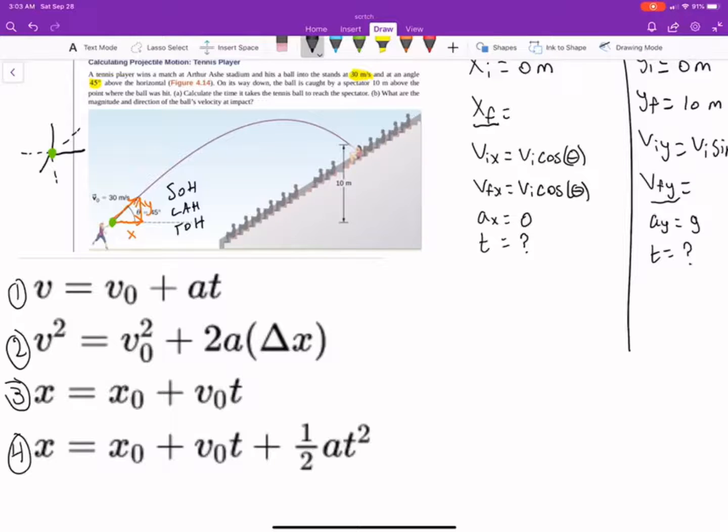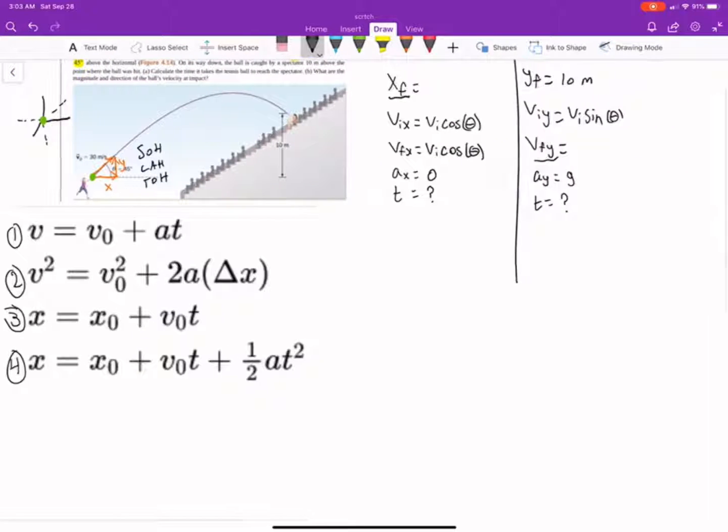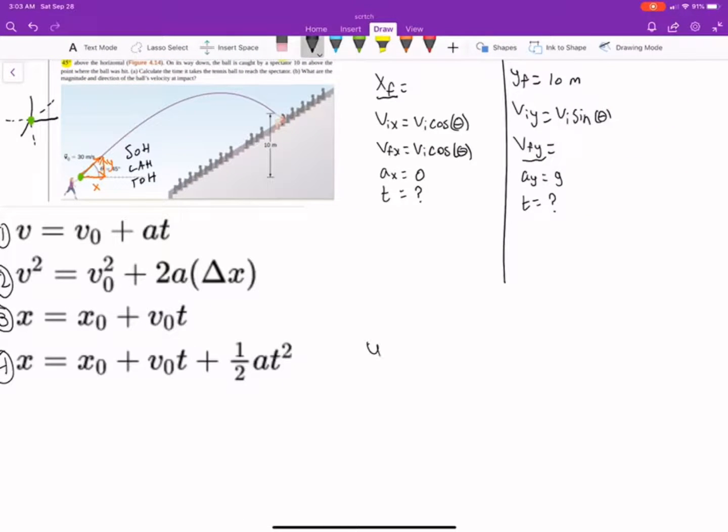Okay? Well, let's see. Let's look at number 4. Except, again, instead of x, let's think of it as y equals y naught, which is y initial, plus velocity initial in the y direction times time, plus 1/2 a t squared. This is y final.